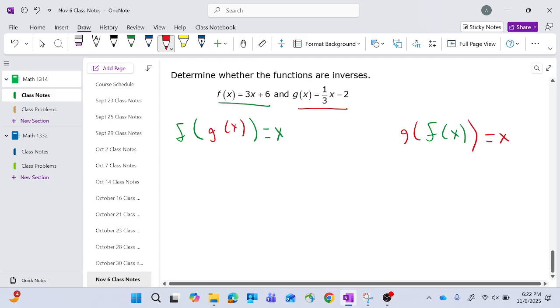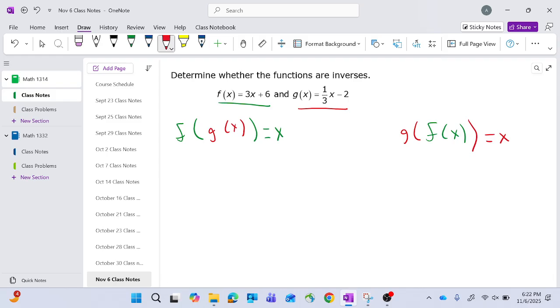So remember, anytime you have something like f of something, like f of 2, you plug that 2 in for x, right? For f. Right? So if you had something like f of 2, for instance, you'd plug this in as 3 times 2 plus 6, right? Y'all remember that? I'm pointing that out because with f of g of x, it's the same concept, just more complicated because you're plugging in a whole function.